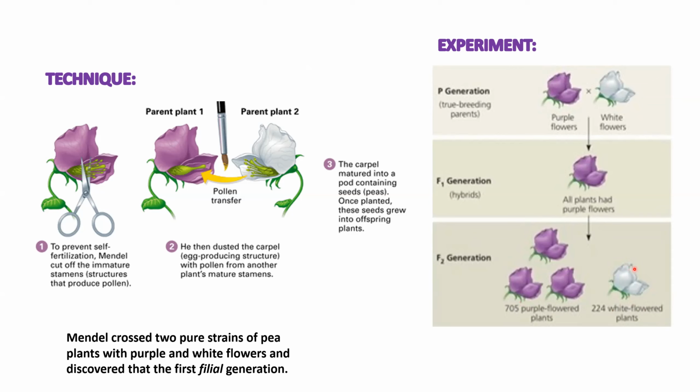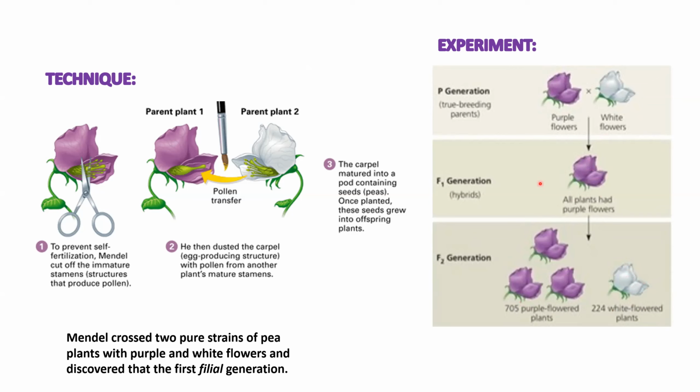So he was kind of shocked to see these white flowers, and he realized that the F1 generation must have had the information to produce white-colored flowers. However, it didn't produce it during this generation.